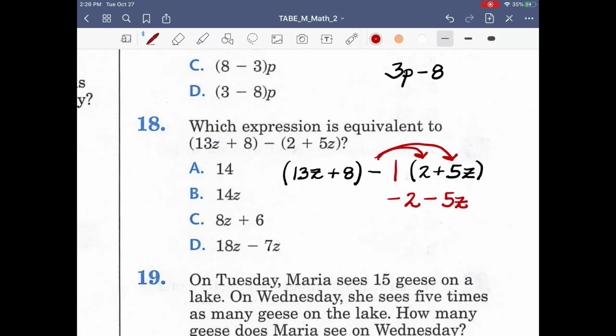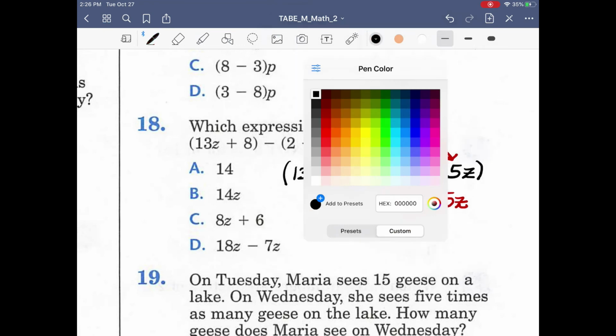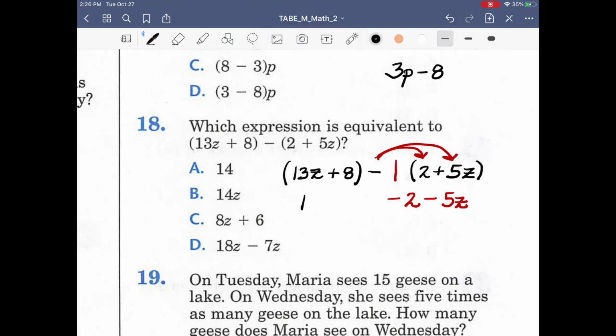Use your calculator. Remember, you have access to that. And then this one is not going to change. We just have 13z plus 8. And then I need to combine my like terms. I need to say 13z take away 5z. So that's going to give me 8z.